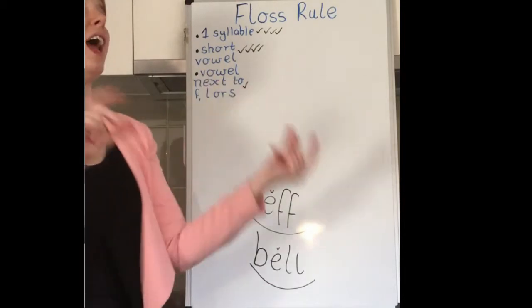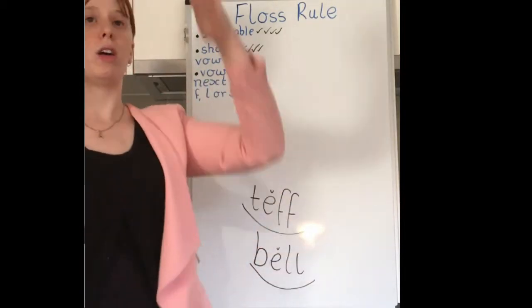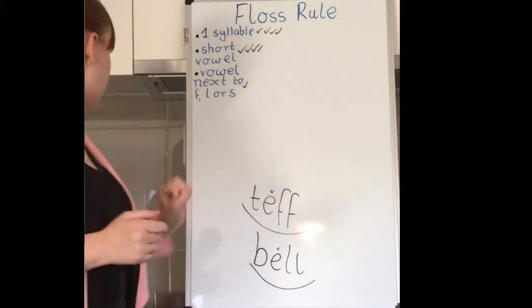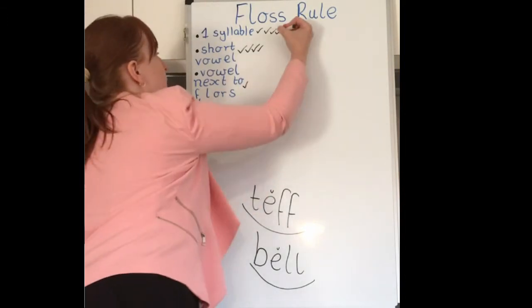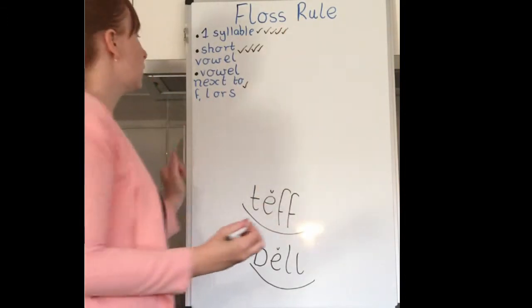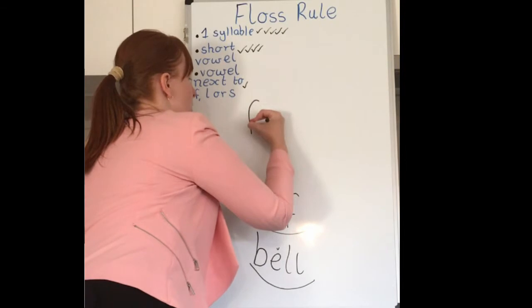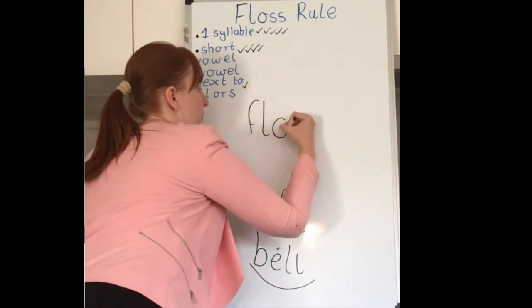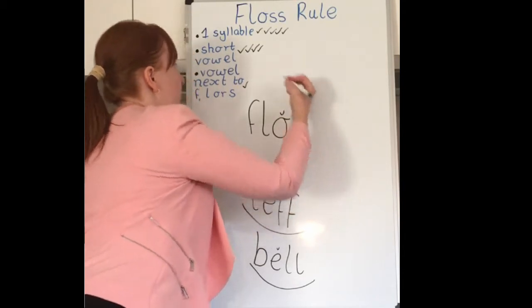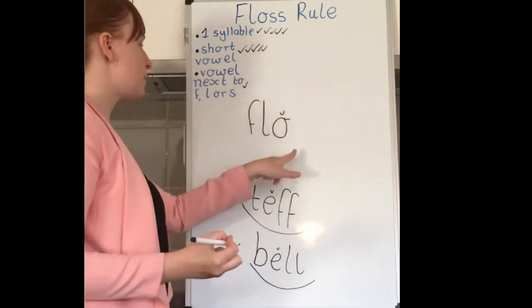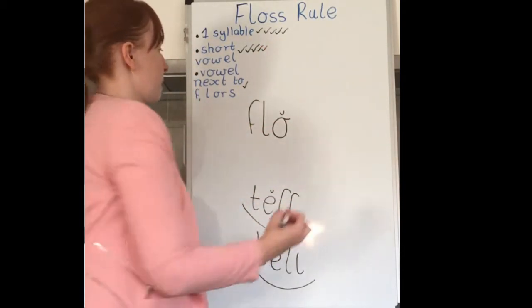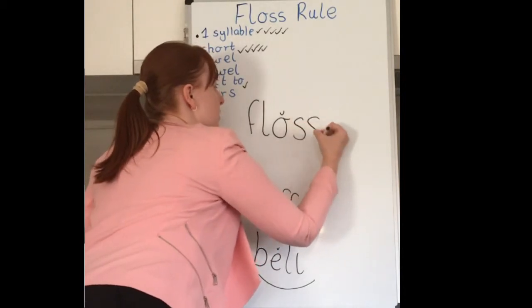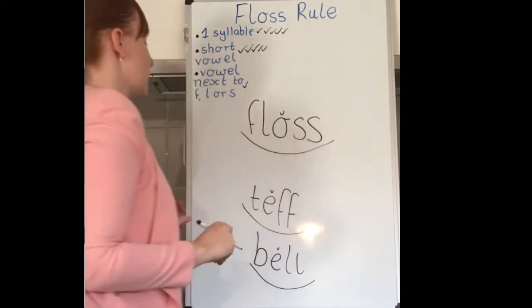How many beats are in the word floss? One syllable. Oh, it's short. S comes next. I double it. Floss.